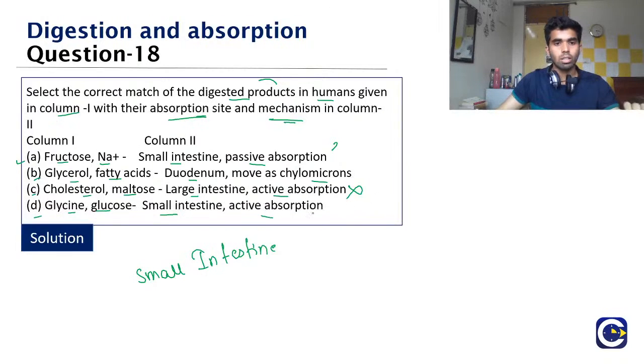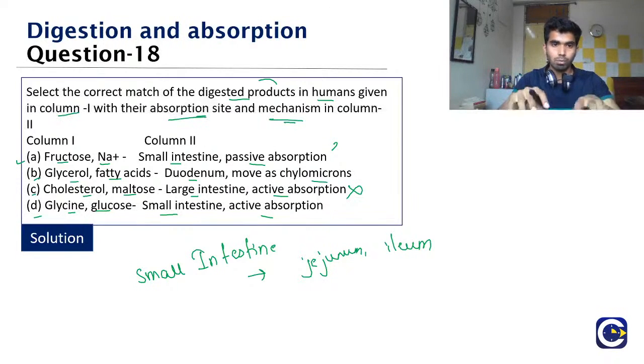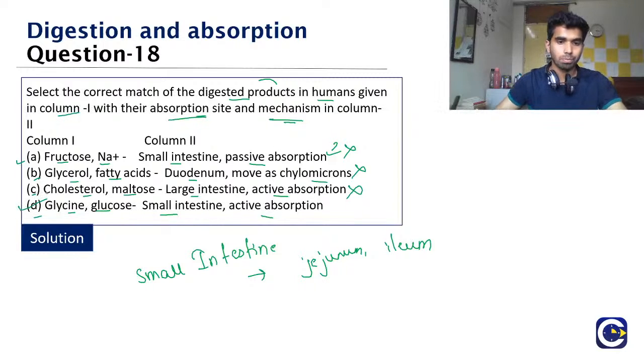In the small intestine also, most of the absorption of food, like carbohydrate, protein and fat, occurs in the jejunum and the ileum part. In the duodenum only the enzymes are poured and the food is broken down. So option B is also incorrect, and I have told you that fructose is absorbed by facilitated transport, and hence option A is also incorrect. So the correct answer is option D.